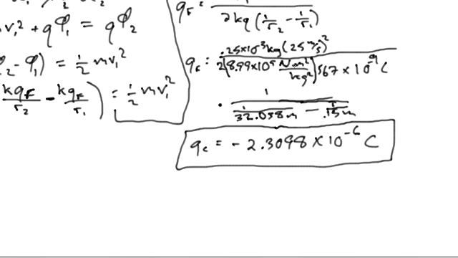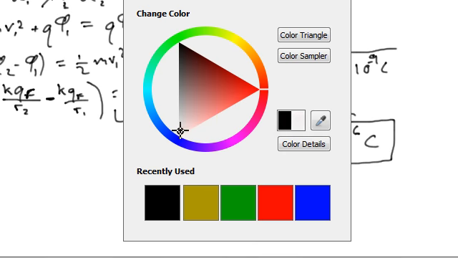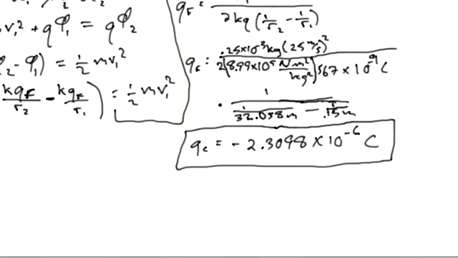Newton meter squared per coulomb squared. I got a mistake in there, so let's see if I can fix that. I got the units of K wrong. It's newton meter squared per coulomb squared. So the units were not working out for me.